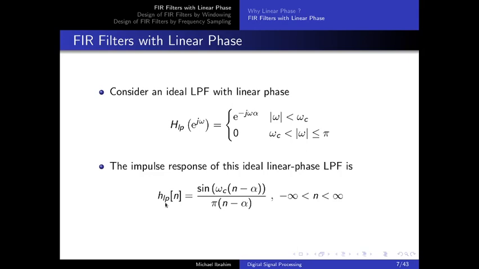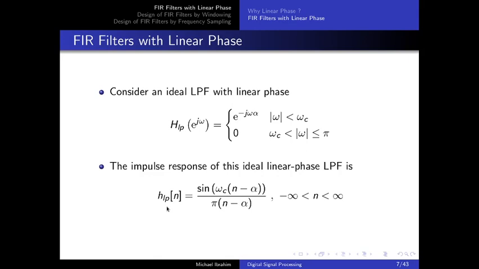This is the impulse response of an IIR filter, not an FIR filter. For an FIR filter, the impulse response has to be of finite duration. This is defined for time going from minus infinity to positive infinity. It's not FIR.